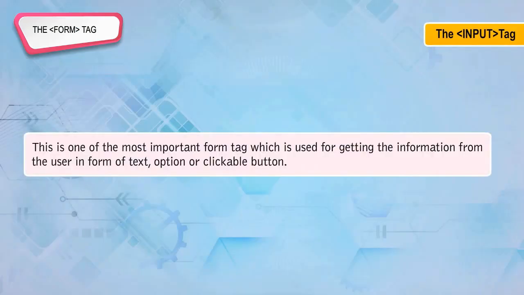The input tag. This is one of the most important form tags, which is used for getting the information from the user in the form of text, option or clickable button.